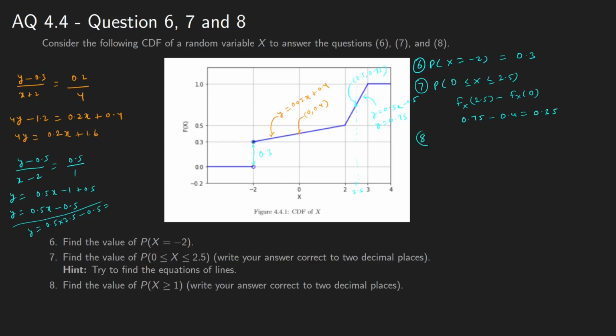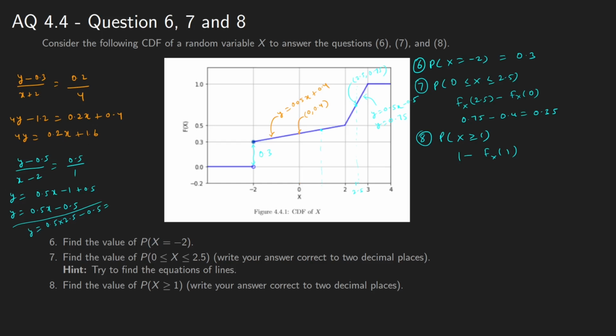Coming to the 8th question, we have to find the probability that x will take value greater than or equal to 1. Here again we can write it in terms of the CDF at 1. We found the equation of this line, so we have to put x equals 1 in this equation.